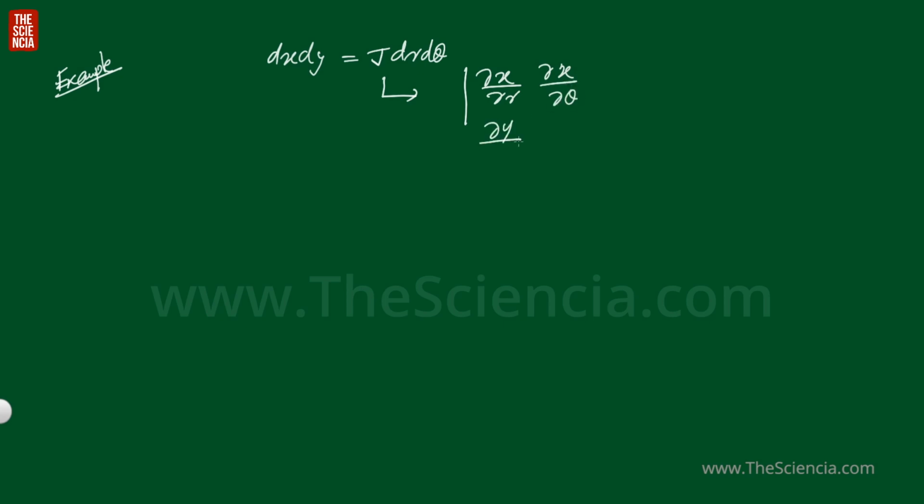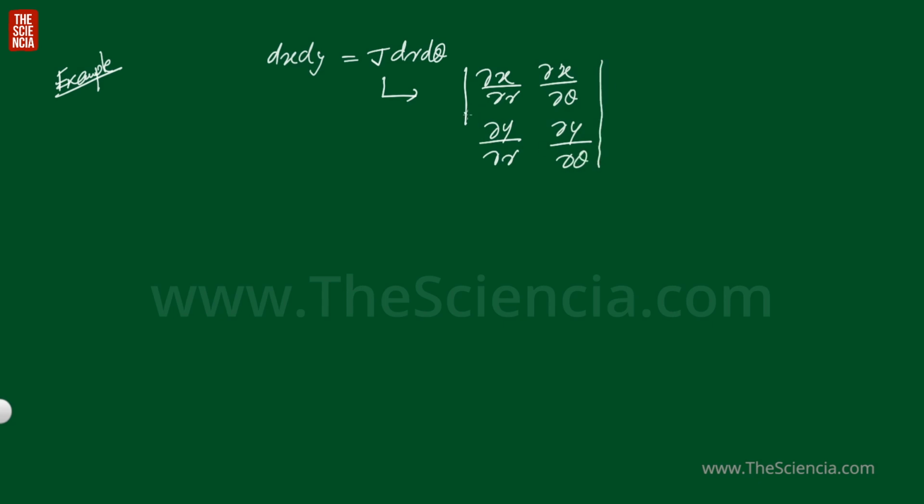I show you one example. Earlier we got the coordinate transformation between Cartesian and polar. That is, dx dy is equal to Jacobian dr d theta. And I told you the Jacobian is equal to the determinant of dou x by dou r, dou x by dou theta, dou y by dou r, dou y by dou theta.